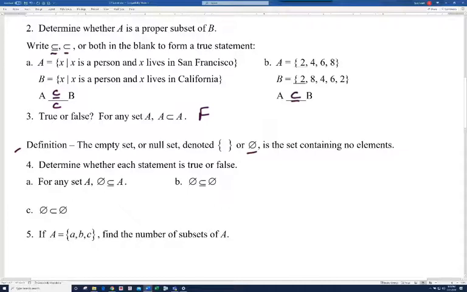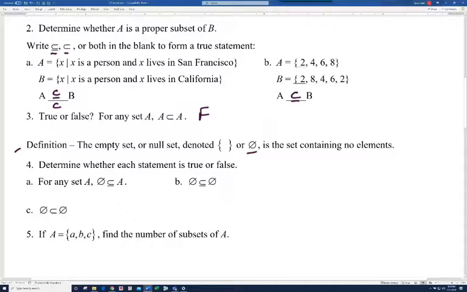Number 4, determine whether each statement is true or false. I'd encourage you to try these, think logically through things, and then watch the video and see how you did.